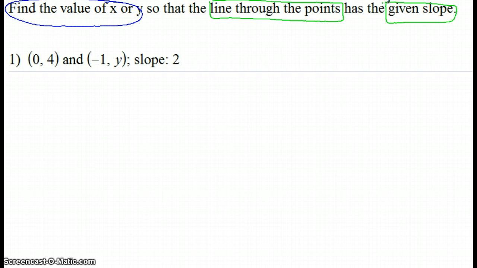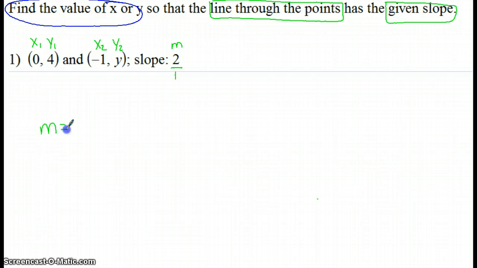So the first thing I notice is I have 2 points and I should label them: x1, y1, x2, y2. And this is my slope m, and anytime it doesn't have a fraction, you can put a 1 underneath. So I'm going to set this into my slope formula.